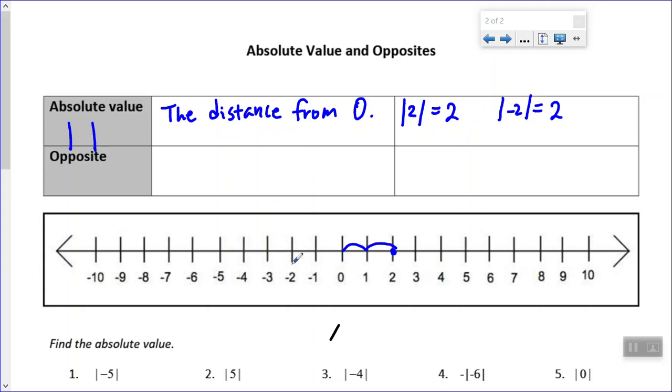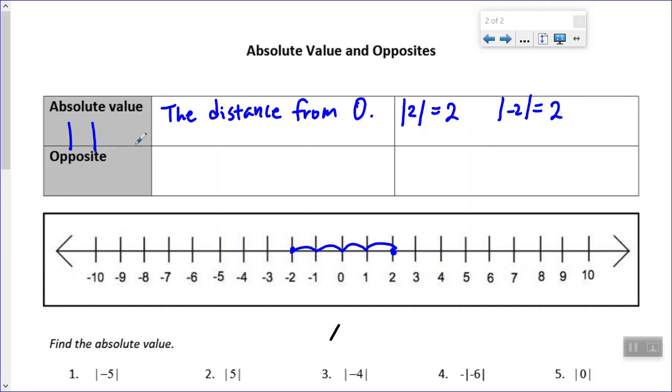If you have negative 2 is here. What is the distance from 0? Let's count from 0, 1, 2. So if you have a negative number, the absolute value of the negative number, you have to take out the positive sign. So absolute value of negative 2 is 2.